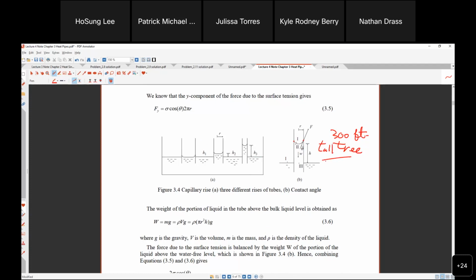Okay, and it turns out the human brain is so thin, micron, so thin. So the pump, heart pump cannot supply the water to the brain. How?